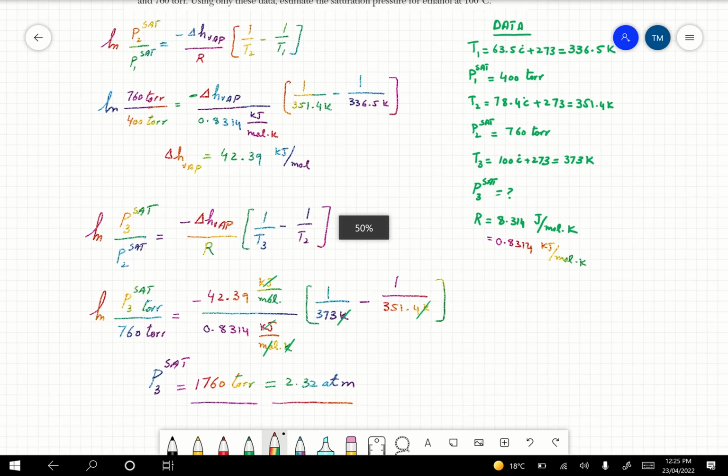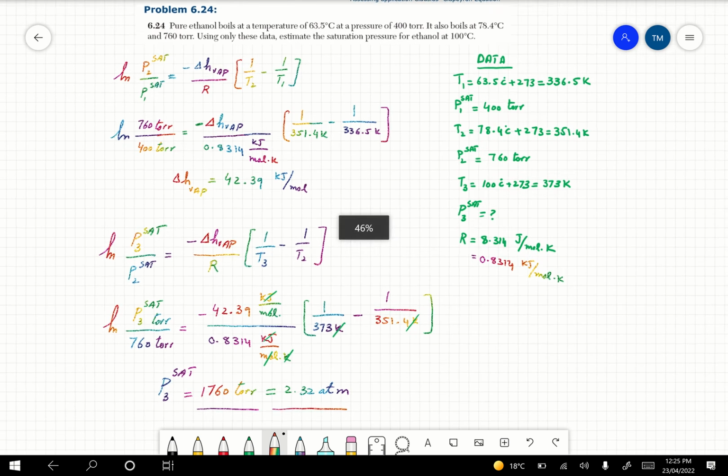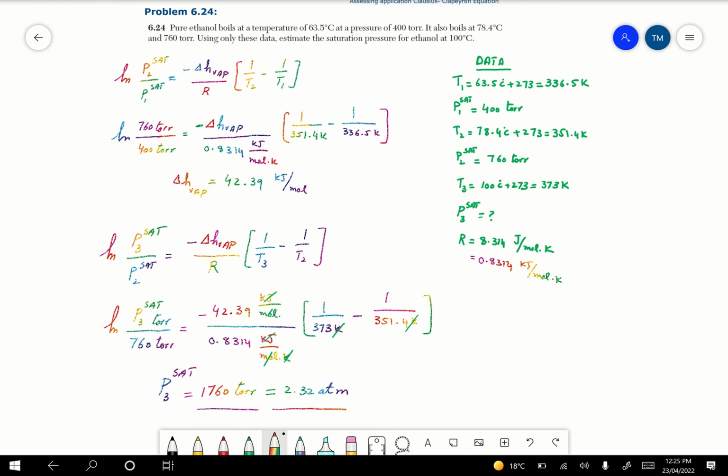So the summary is that in this case you applied the Clausius-Clapeyron equation two times. The first time you used it for P2 saturation and P1 saturation, and the second time for P3 saturation and P2 saturation. P3 saturation is unknown, so you calculated it, and you calculated the heat of vaporization when you applied the Clausius-Clapeyron equation the first time.